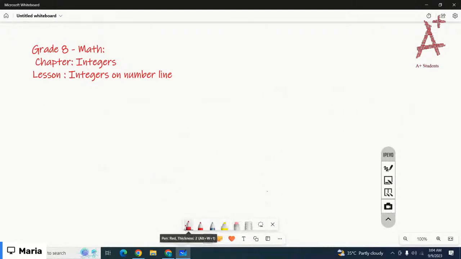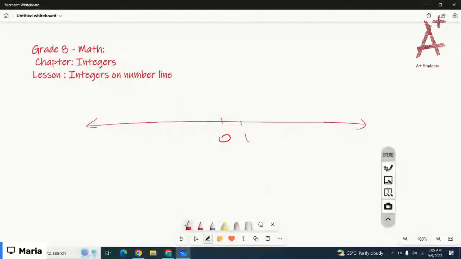Here is the number line. Here is the 0 exactly in the middle of the number line, right? On the right hand side you have all positive numbers, and on the left hand side of the 0 you have all negative numbers, right?